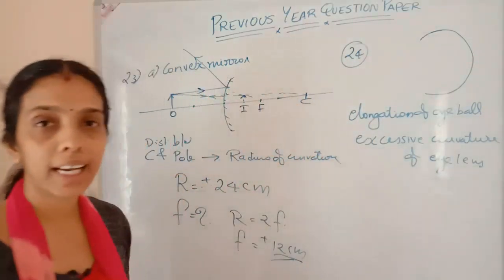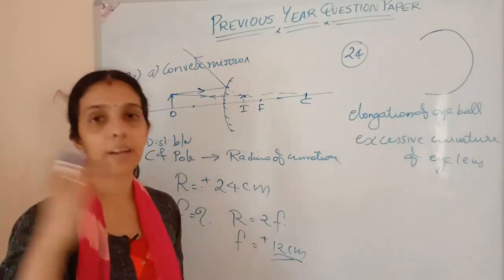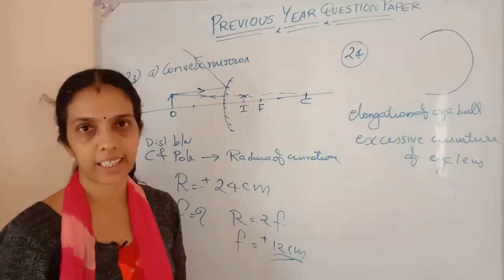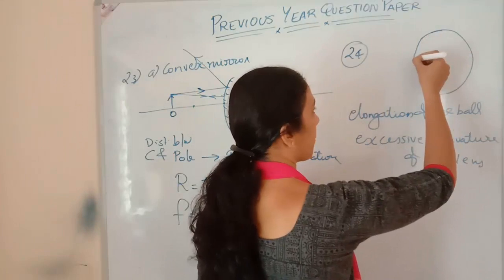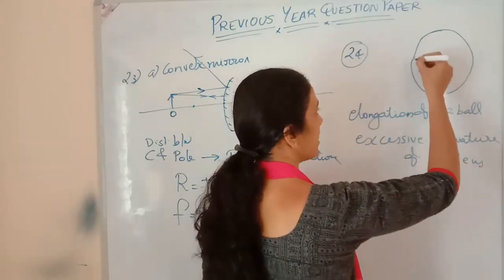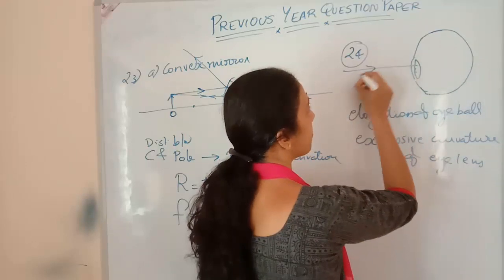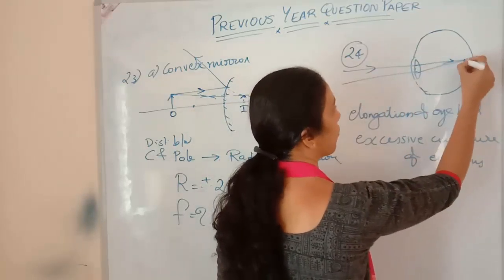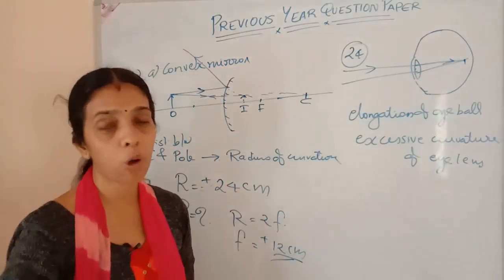How will we draw the diagram for that? The rays which are coming from far away points, they can't see the far objects clearly. So if light rays are coming from a far object and incident on the eye lens, what will happen? It will form an image in front of the retina. Actually, the image should form on the retina.